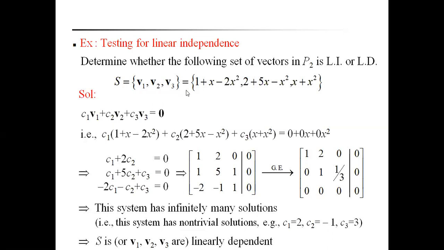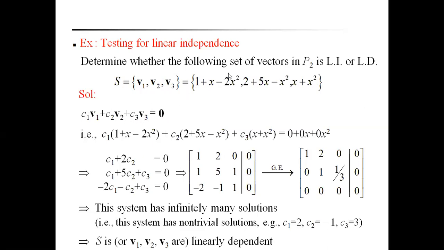To determine whether the set of vectors forms a linearly independent or linearly dependent set, first write the linear combination equation. Here three vectors are there, so take the three scalars C1, C2, C3. Write the linear combination equation: C1v1 plus C2v2 plus C3v3 equal to 0.